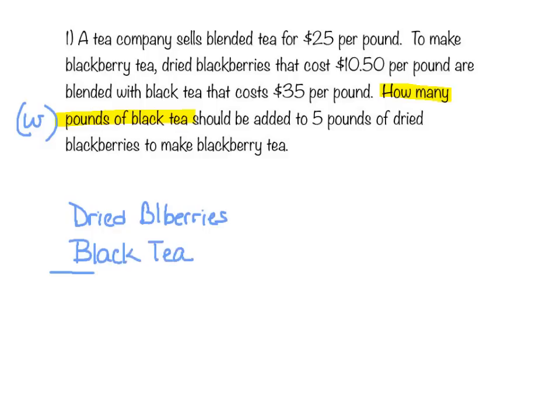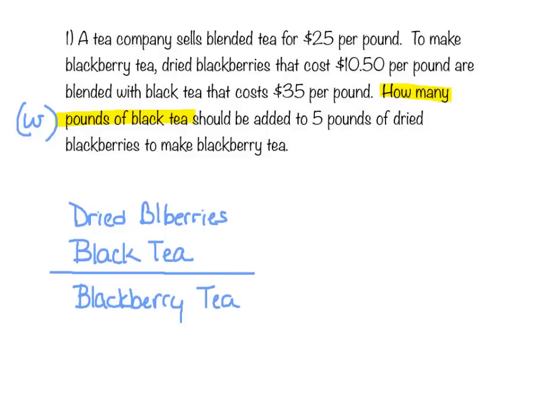Together, when you add them together, you will wind up with blackberry tea, the mixture. You're doing this with me to practice how we find the weighted average needed and solve an equation.